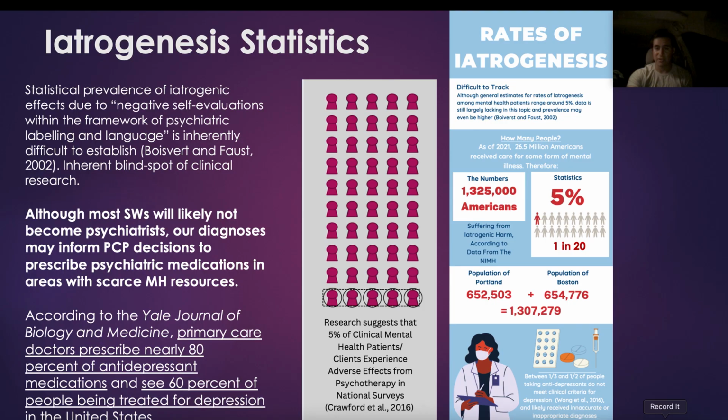So it's saying that it's hard to come up with an actual number because it's inherently hard to define exactly what that is and to gauge at the level of research how much harm is being produced.